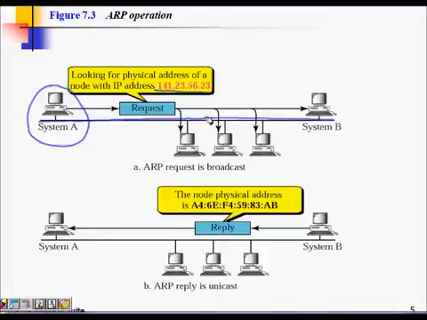It wants to know its MAC address so that it can send frames directly to it, because communication on a LAN takes place using frames, where you have to know the MAC address, and I don't know that.